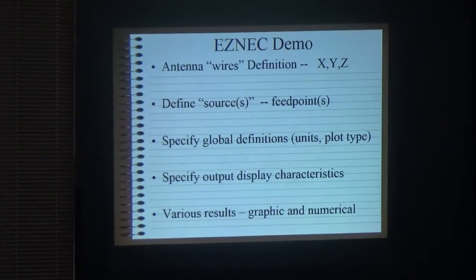Output characteristics, you want to view the antenna, what color do you want to make the currents on the display, and so forth. And then I'm going to show you the results, obviously, both graphic and numerical. Everything that is graphical is defined by numbers, tables, and you can have access to both.